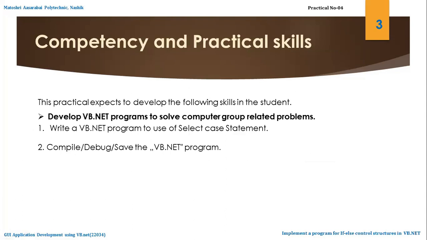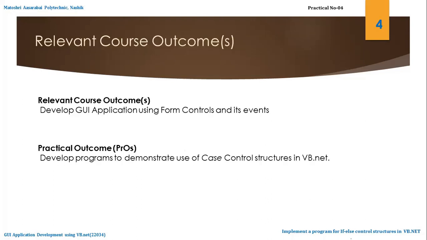The competency and practical skills required to implement this practical is to write a VB.NET program to use the select case statement. For that purpose, we need to know the syntax of the select case statement and how to use it in VB.NET, then compile, debug, run and save the program. The relevant course outcome is to develop the GUI application, form controls and its events.